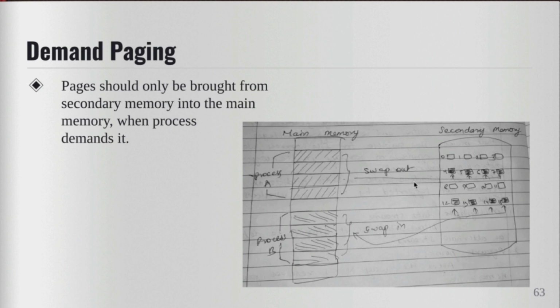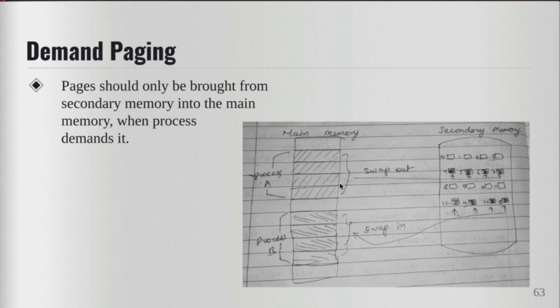It's going to swap out the P4 and bring in the other page that the system needs. If the system is requesting a particular page, it has to bring that in, and to make room for that page to come in, it needs to swap out the page that is currently not being used.